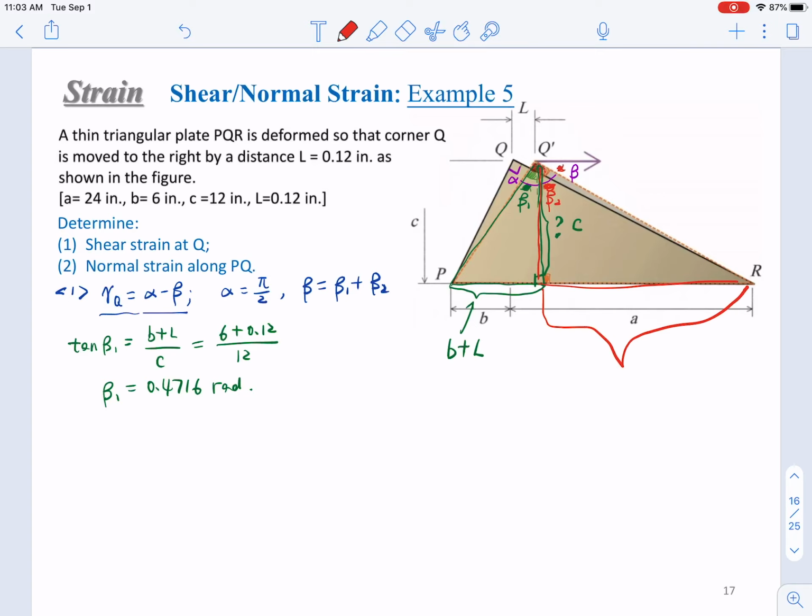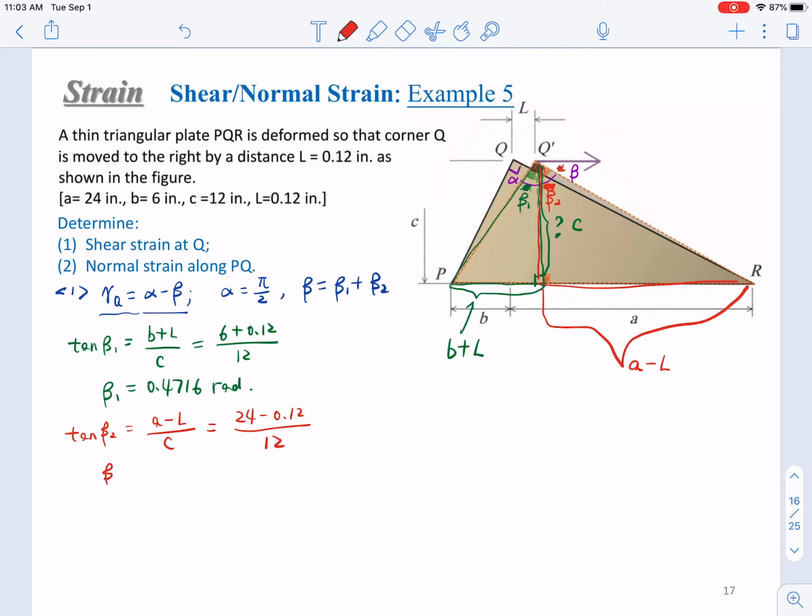This is still C. So what is the side here? This will be A minus L. So tangent beta 2 equals A minus L over C. A is 24 minus 0.12 over 12.